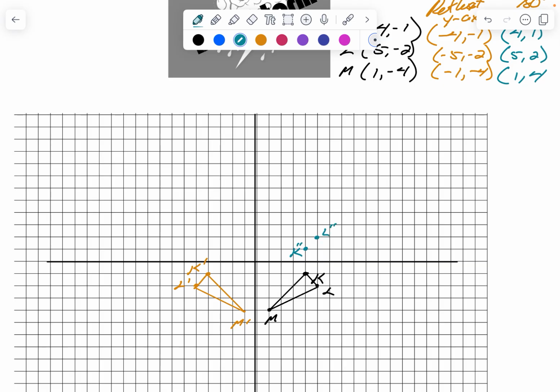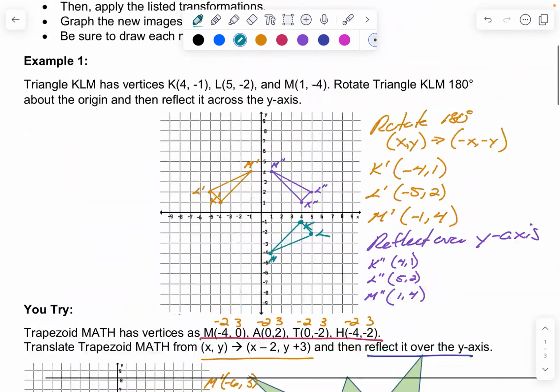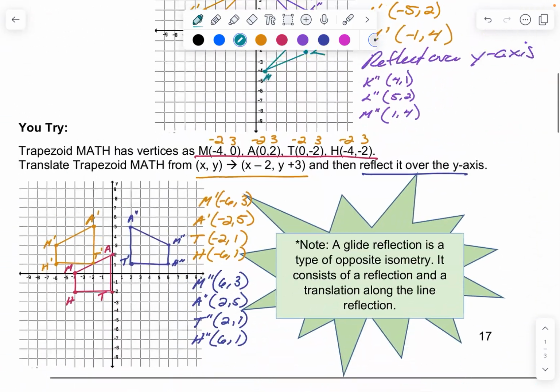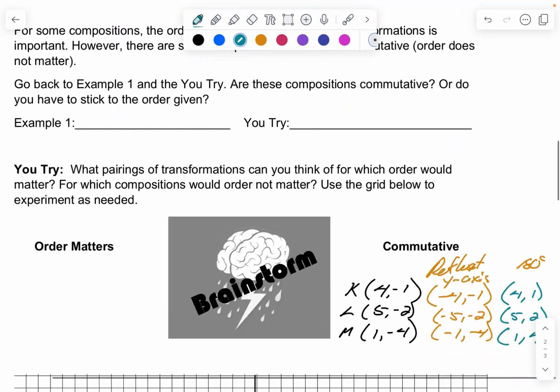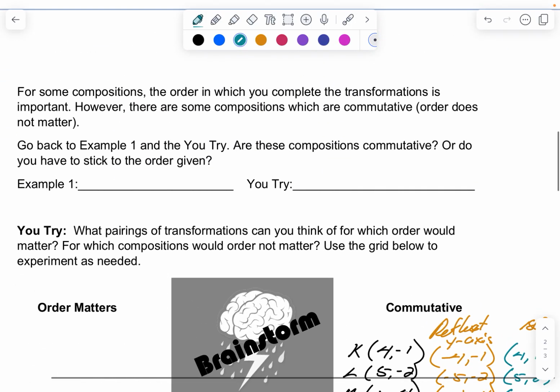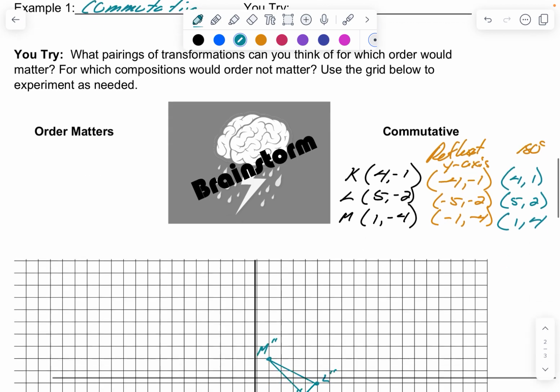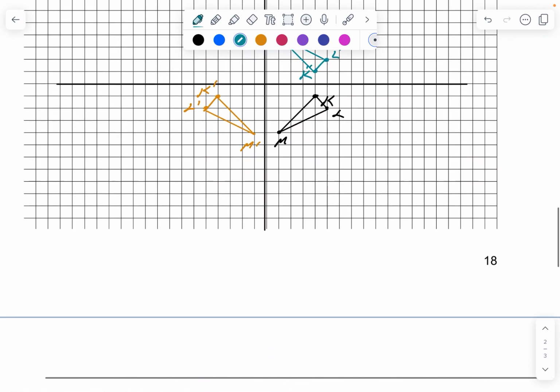And M, (1, 4). Let's see. Do we end up with the same thing? We do. Okay. So example 1 is commutative. That is, when we did it in the different order, it still worked.